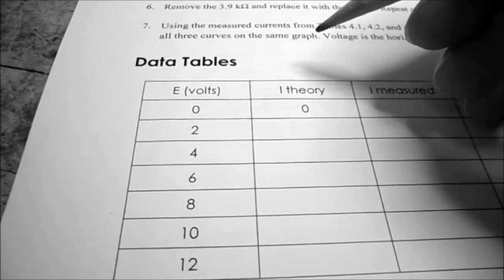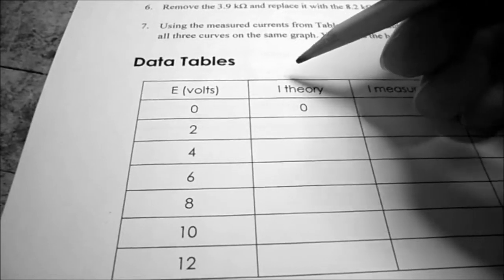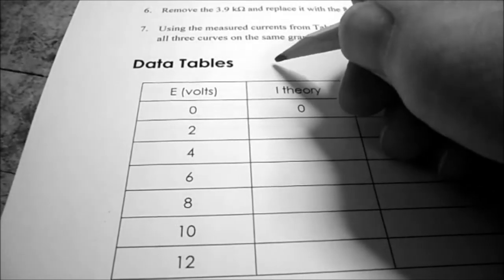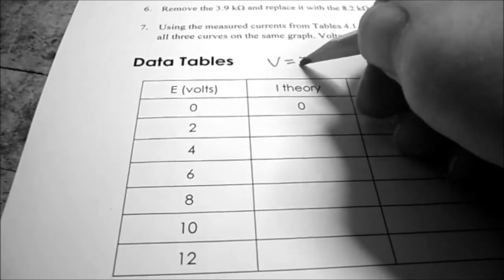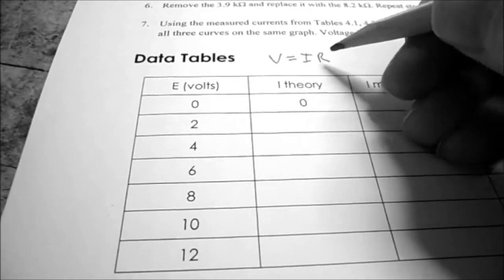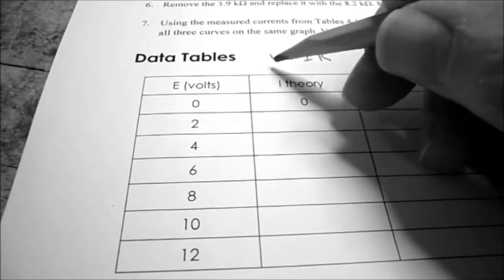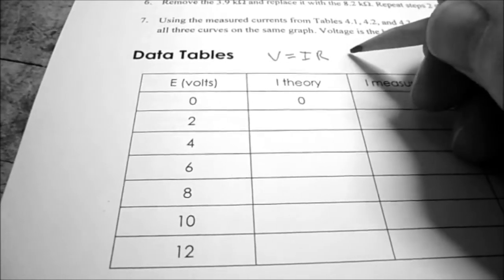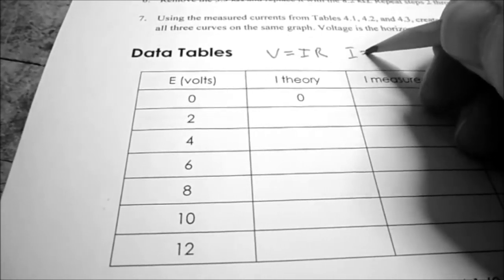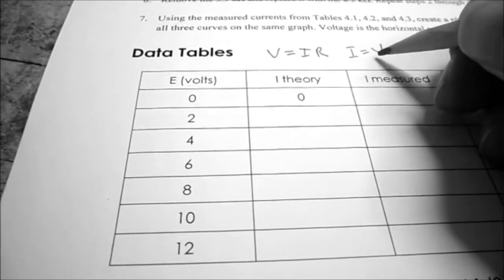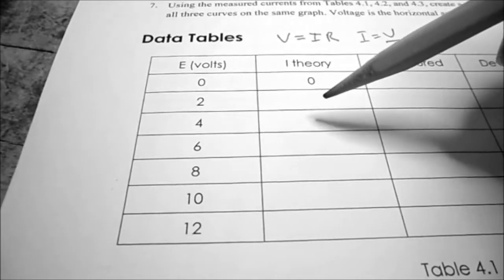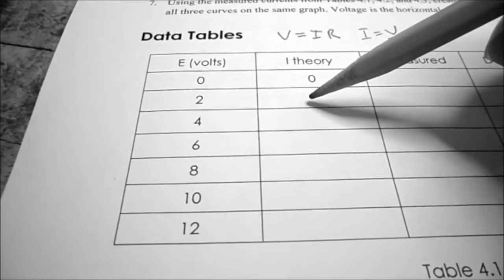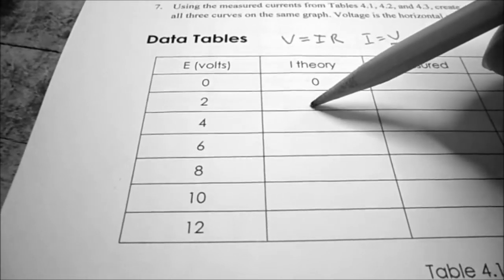So to calculate the current, what we're going to do is use Ohm's law, and Ohm's law says V equals IR. So rearranging the formula, I equals V divided by R. So we know that R is going to be 2K.